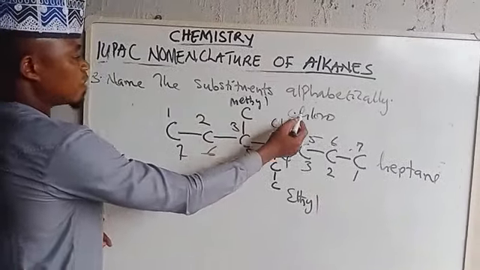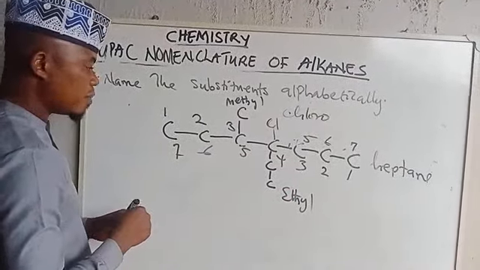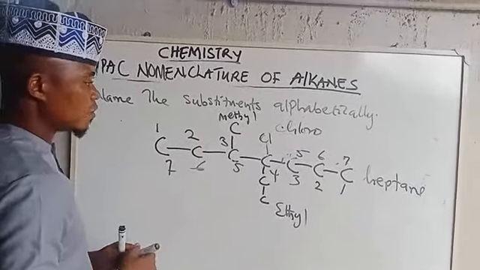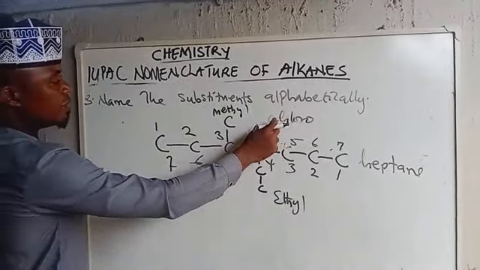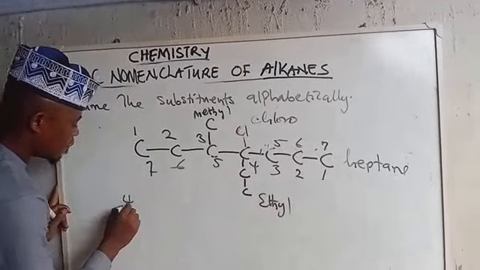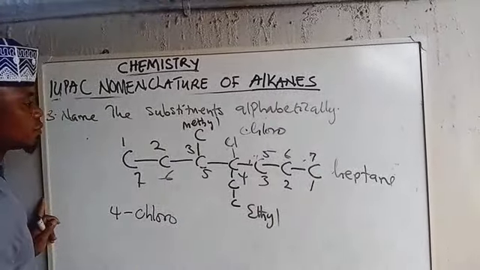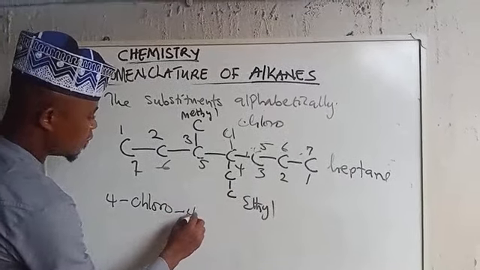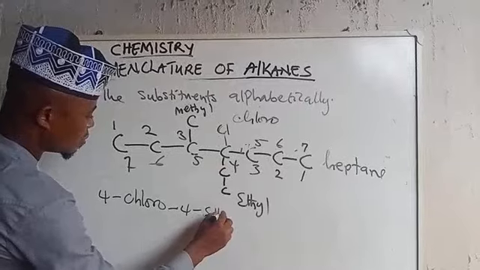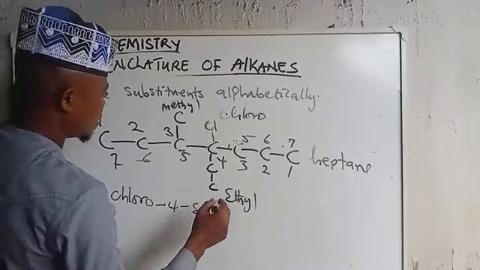We have a methyl, we have a chloro, and an ethyl. C comes before E, and E comes before M. So that's how to name alphabetically. So I'll first of all name the C first. So this is going to be 4-chloro, followed by E, 4-ethyl, followed by what?